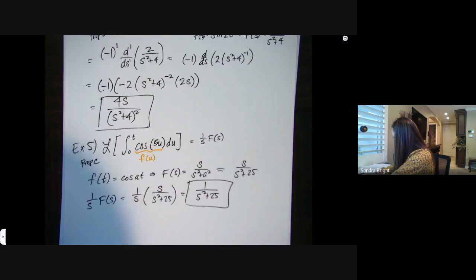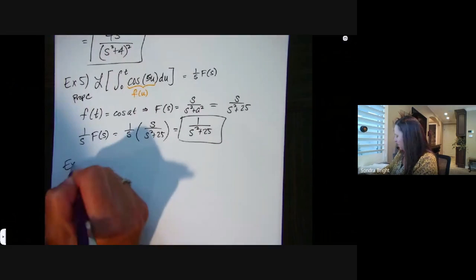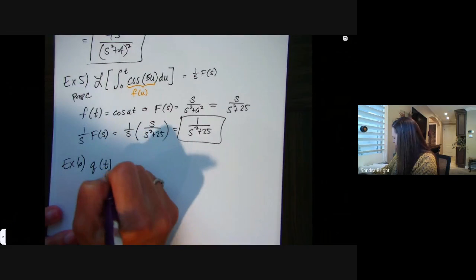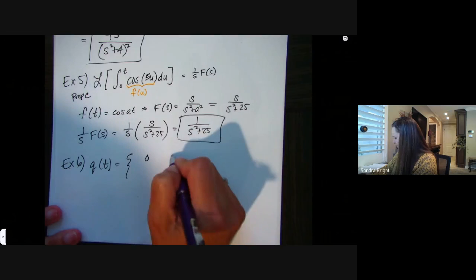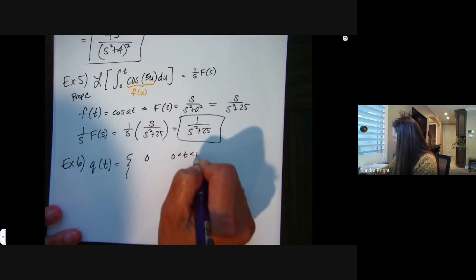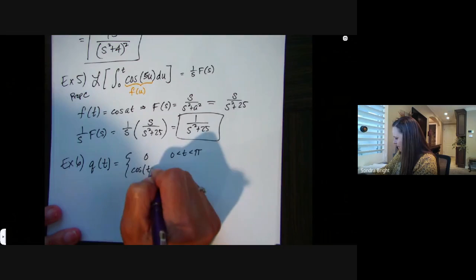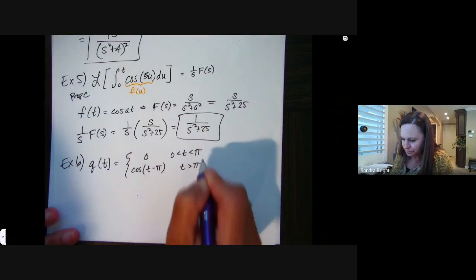Not too bad. All right, let's do a piecewise one. How about if q of t is equal to 0 when t is between 0 and pi, but then it's equal to cosine of t minus pi when t is greater than pi.